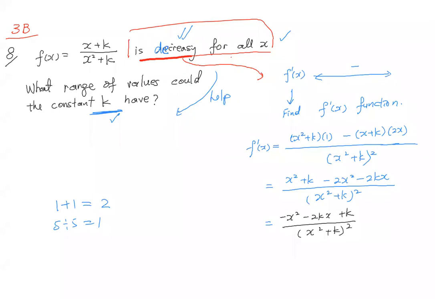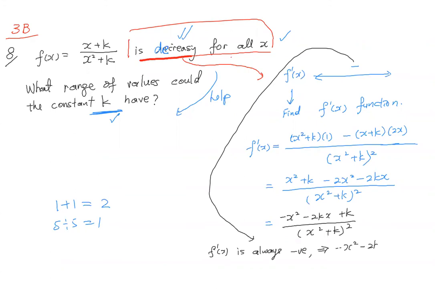So based on this information, I start to solve the problem. So f prime x is always negative. That implies, now you look, the bottom is positive, correct? That means negative x squared minus 2kx plus k must always be less than 0.